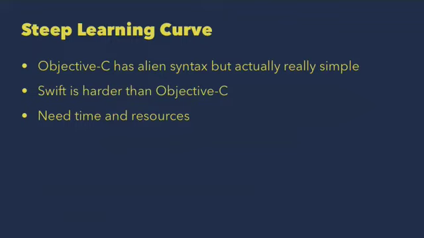So a steep learning curve means developers require time and resources to learn this language and to be productive. So you cannot say, I took 1 week to learn Swift, now I can write code for our client project. It's a very dangerous thing to do.